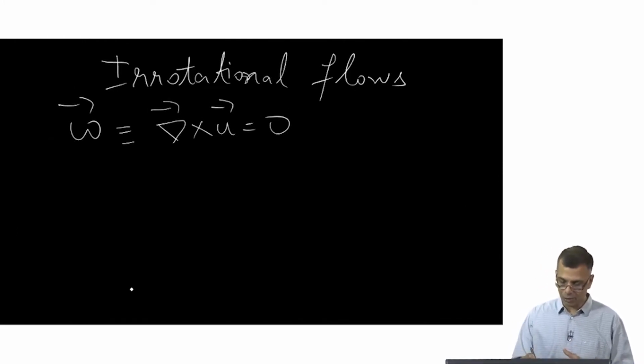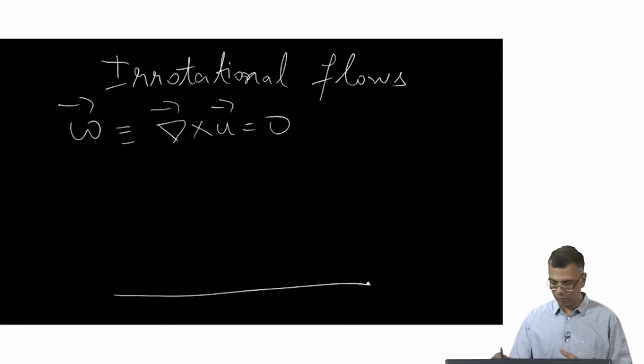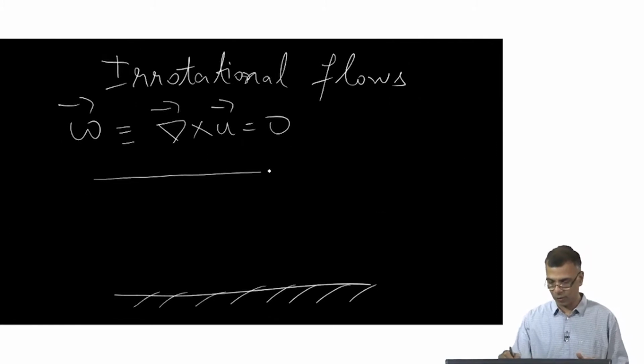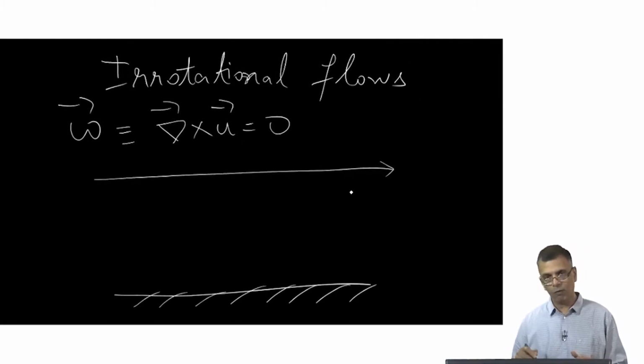Let's consider a situation where you have a viscous flow, the same diagram that we've sketched many times before. Here's the bottom layer, and here is the free surface of the fluid. Consider flow of a viscous fluid such as honey.